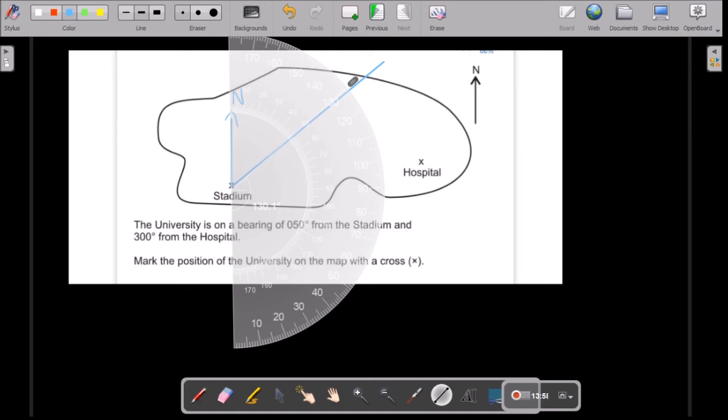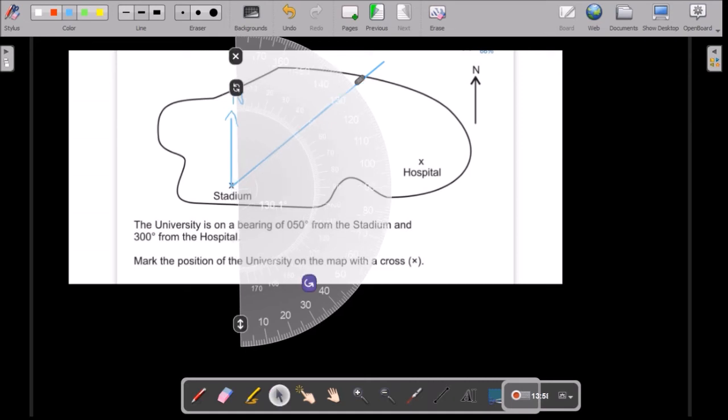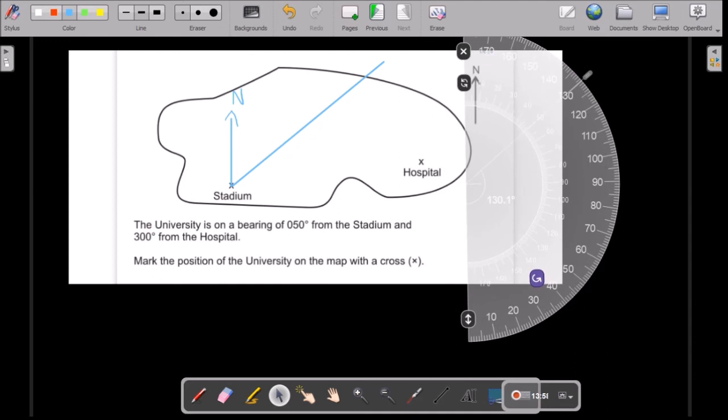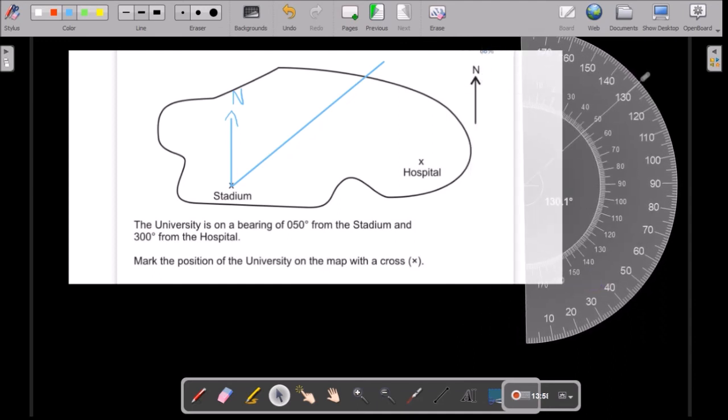Now I'm gonna move my protractor to draw the second bearing. The second bearing has to be from the hospital, a bearing of 300 degrees, so I need to now draw a second north line at the hospital.